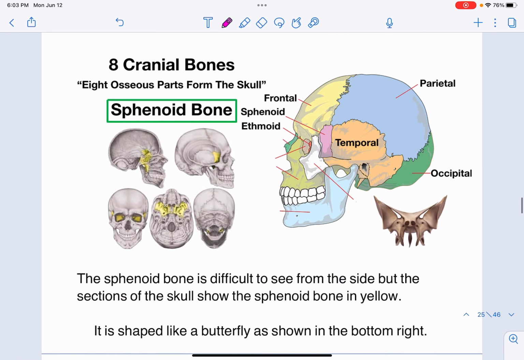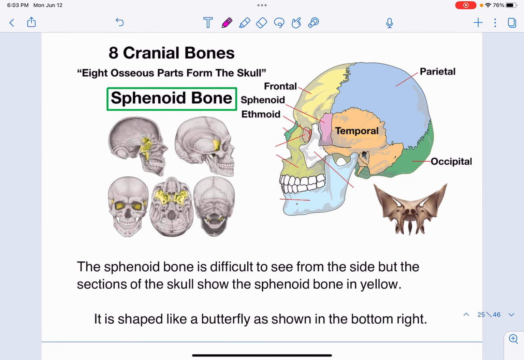All right, now we are on to the last bone that makes up the cranium, and that is the sphenoid bone. The sphenoid bone is also difficult to see. Remember, it sits behind the ethmoid bone. So you can see various views of it. Here's inferior view, but again, it's kind of embedded here.